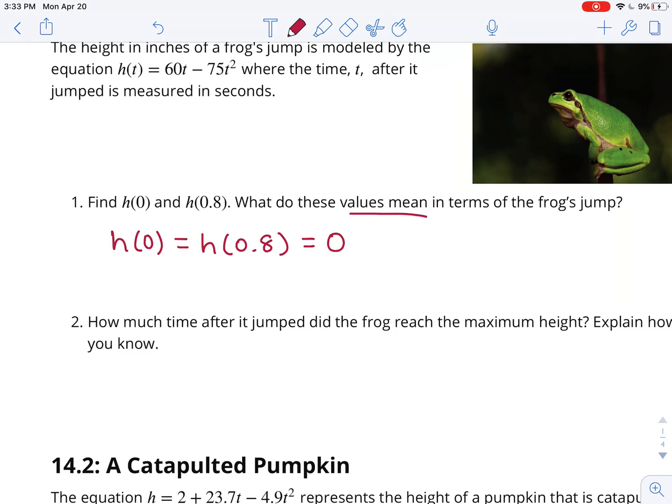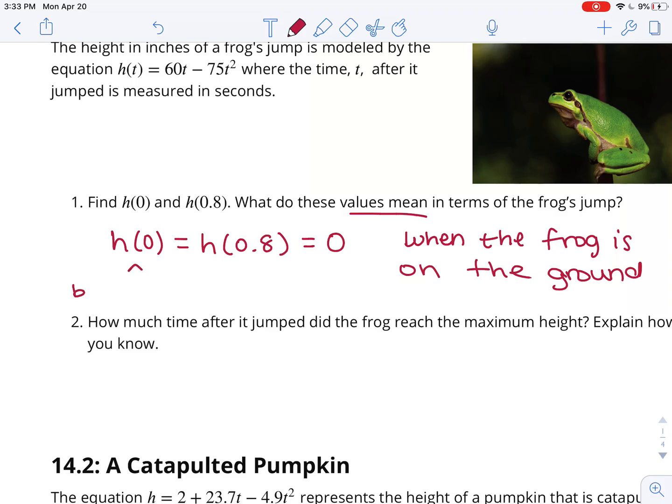And so those both represent when the frog is on the ground. Right, so the h of 0 being before it jumps, and after it lands back on the ground.